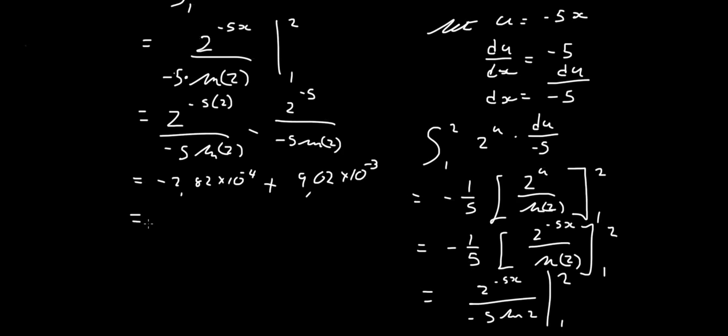And if we do the subtraction, minus 2.82 times 10 to the negative 4 plus 9.02 times 10 to the negative 3 is 8.74 times 10 to the negative 3. Bam! And there's your final answer.